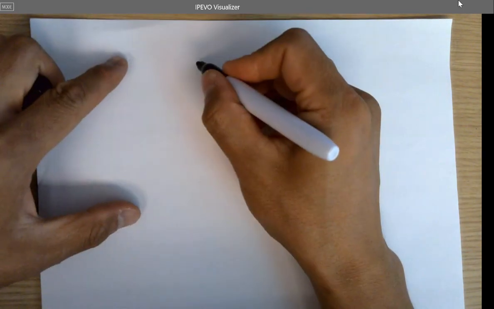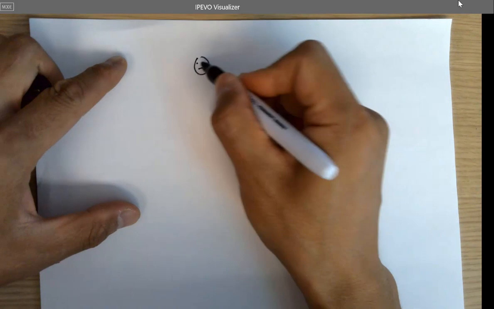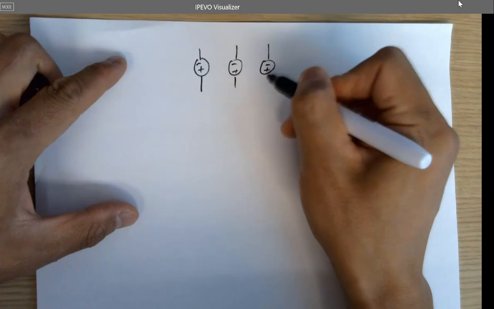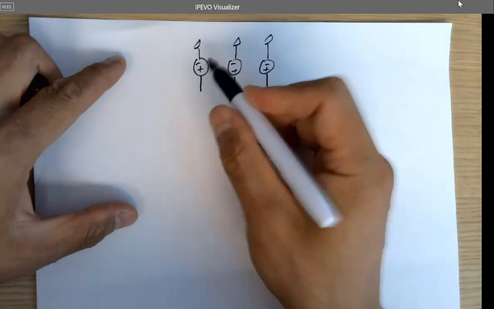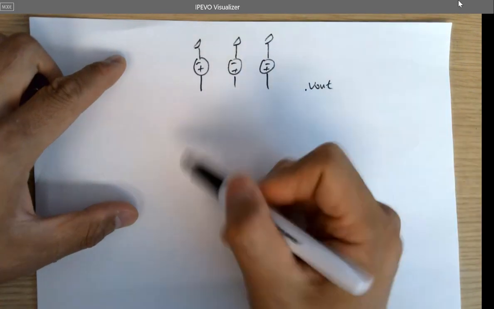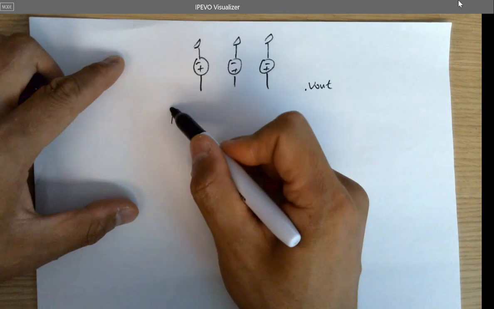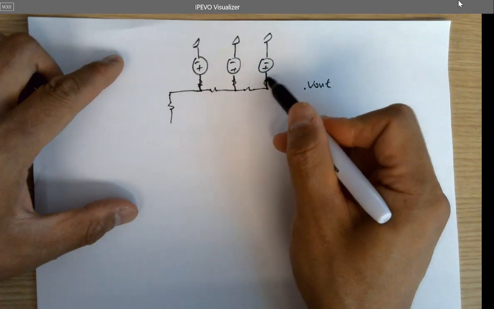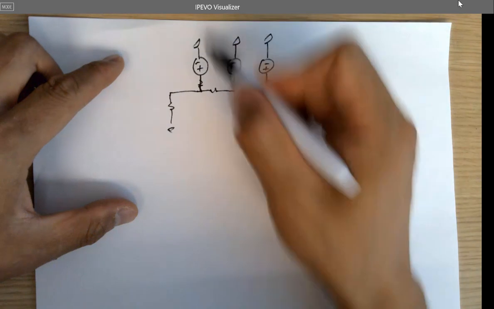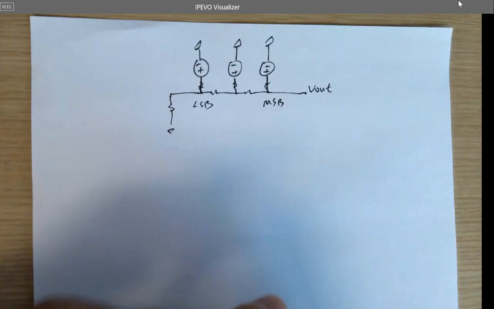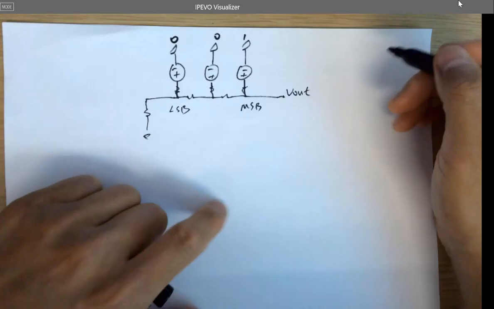If you have 3 power supplies, 1, 2, 3, feeding into that DAC, immediately you know that if the V out is over here, this is LSB, this is MSB, and if you have a 1, 0, 0, it is basically 1, 0, 0.